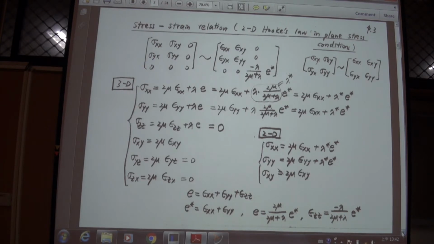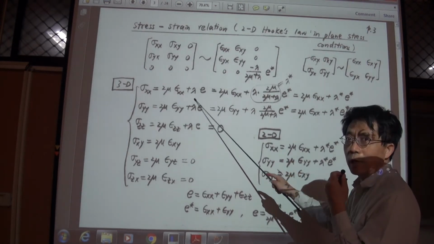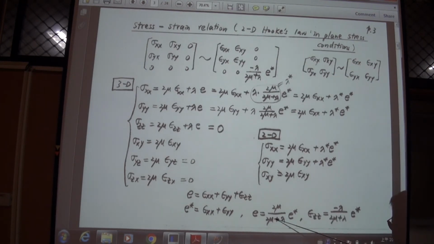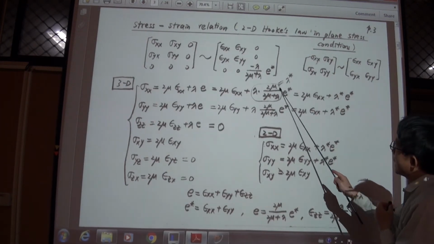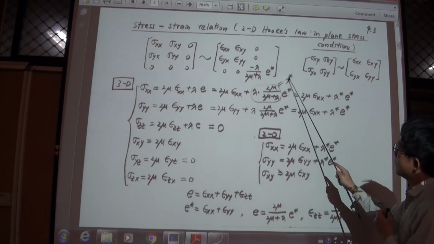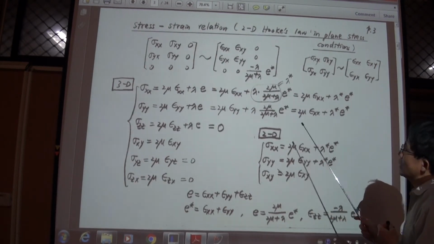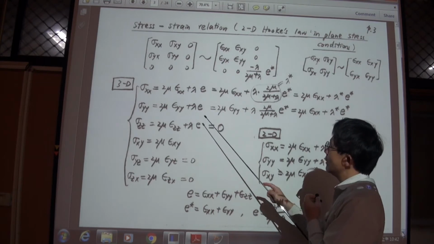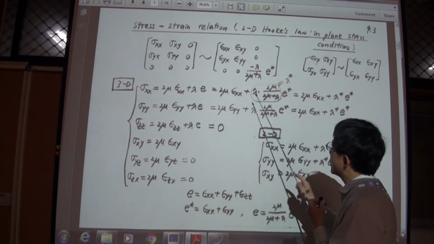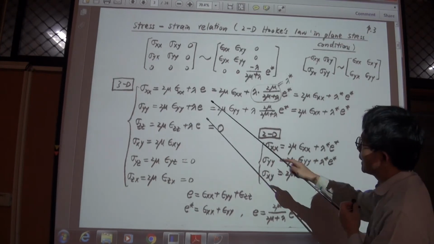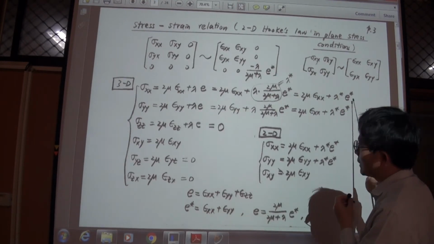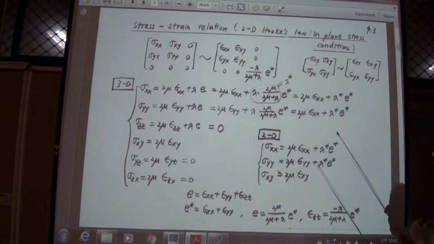Let me explain to you in front of the screen. This little e can be replaced by this one, which can be written like this. And we define a new constant λ star as this one. So by writing such new symbols, we can say that σ_xx equals 2μ times ε_xx plus λ star times e star. Okay, write the line here.